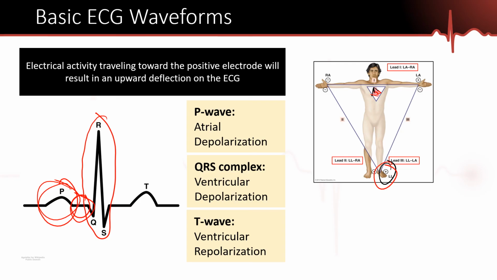Well, the pause is thanks to the action potential slowing down as it moves through those AV node fibers. Okay, so if we see the P wave, that means the atria have contracted, right? The left and right atrium contracted. Then there's a pause, and then there's the QRS complex, which tells us that the left and right ventricle have contracted.